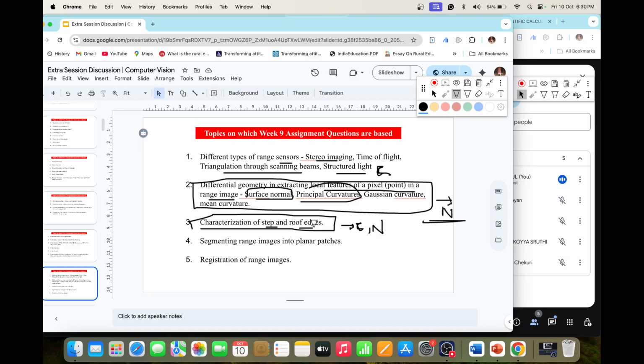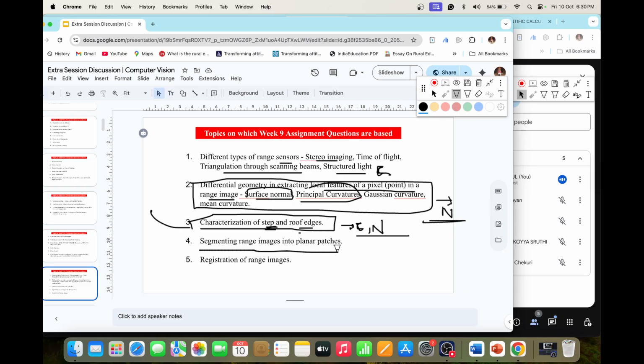But here there are different types of edges, step and roof edges, because we are talking not about color images but about range images. So this is very important, both conceptually and numerically.